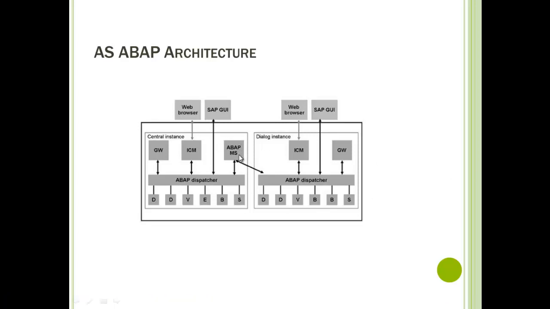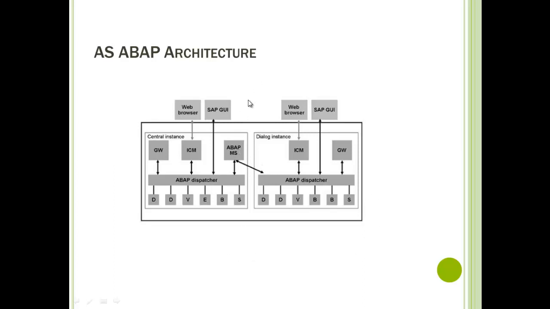Meaning to say, when you log on to your SAP system using SAP GUI or Java GUI, you log in through a logon group, that means the collection of all the instances. So the message server performs the load balancing of the available instances. Let's assume you have more than one dialog instance, like three or four, and the message server is only one.